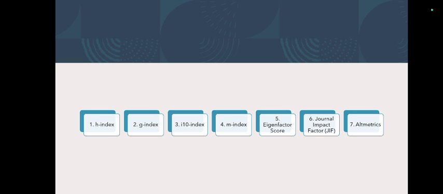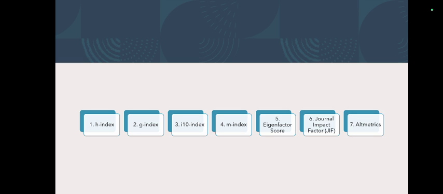For example, if one researcher has published 10 publications, and out of these 10 only two publications have two citations, the H index will become 2 for him. Though he has published 10 research papers, the H index is 2 only because only two papers have got citations out of the 10 papers.